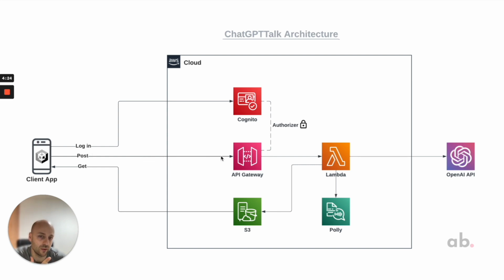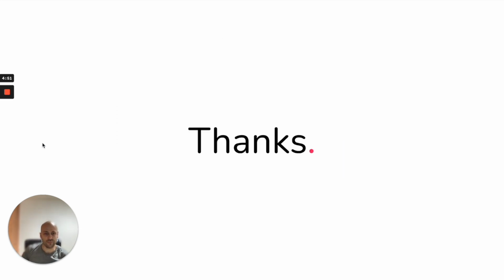So really, the user will receive two things: the URL of the audio file and the text message of ChatGPT. And finally, the client app can get the audio file and play it in the application. So this is basically how I did it.